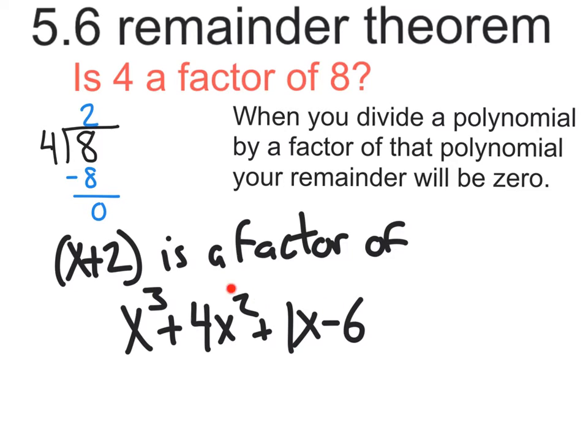That means if I were to take this guy and divide it by this guy, what would my remainder be? 0, right? That's what this fact is telling us, the remainder theorem, the truth about remainders. If your remainder is 0, then that means that this guy really is a factor. And I'm telling you, this is a factor of this. So if I take this and divide by x plus 2, our remainder will be 0.